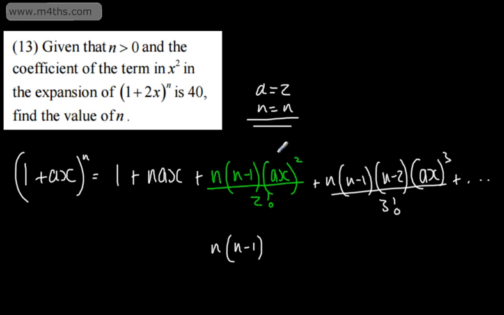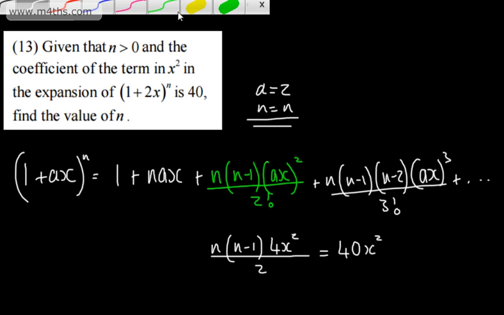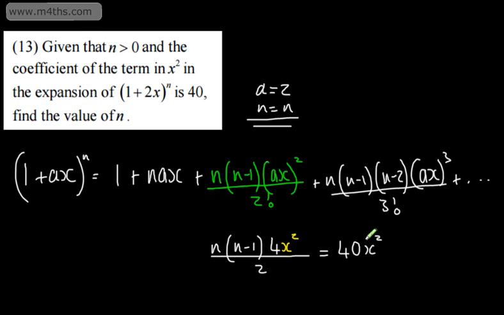Now if I substitute in here, we're going to have 2x, which we need to square, which is 4x squared, divided by 2 factorial, and that is going to be equal to 40x squared. Of course, we didn't need the x squareds in, as we're just considering the coefficients. I've done this for completeness.